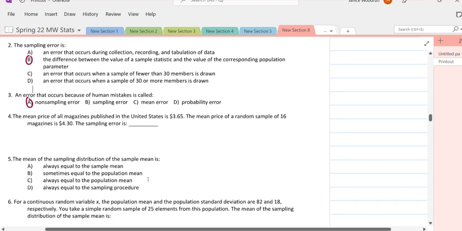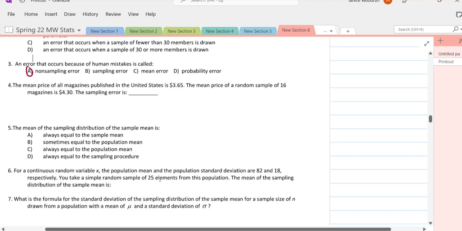All right, the mean price of all magazines published in the United States is $3.65. The mean price of a random sample of 16 magazines is $4.30. The sampling error is x bar minus the mean. X bar is 4.30. Mean is 3.65. So that was what? 65 cents. Good.